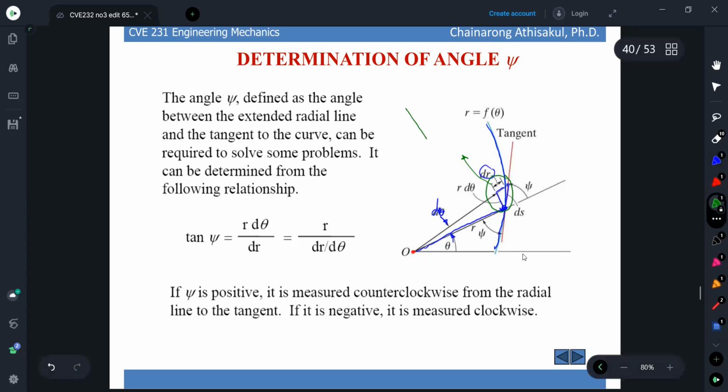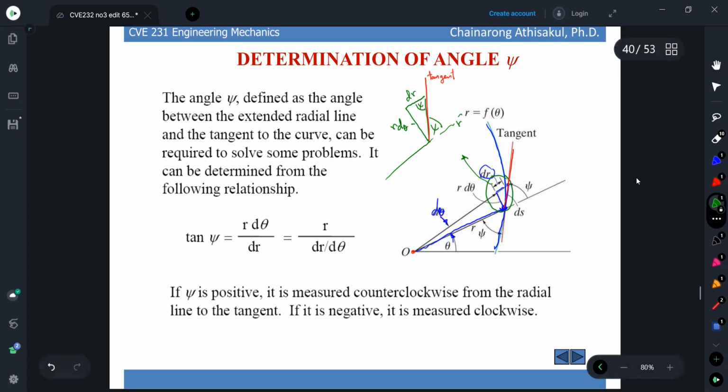So if we take a look at this triangle, this length is r d theta, and this is dr. This direction is the tangential direction, and we consider this as the angle psi, measured from the radial direction to the tangent.